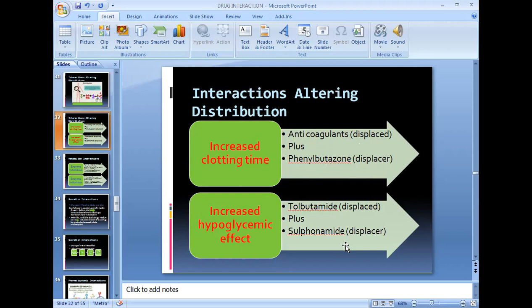Similarly, tolbutamide is displaced by sulfonamide, resulting in an increased hypoglycemic effect.